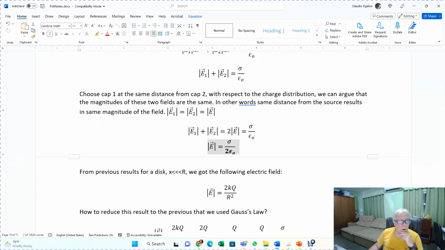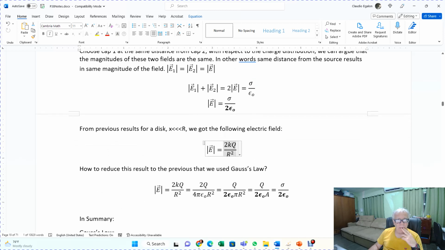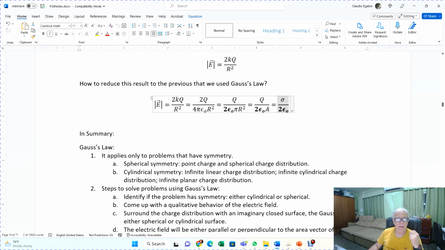If you recall our previous solution using the disk that is very large compared to the distance, we got sigma divided by 2 epsilon naught. When r is much greater than x, we got this relation here, which ends up being the same. So we solved the same problem using two different techniques, and we got the same result.